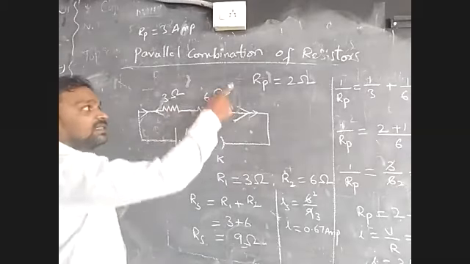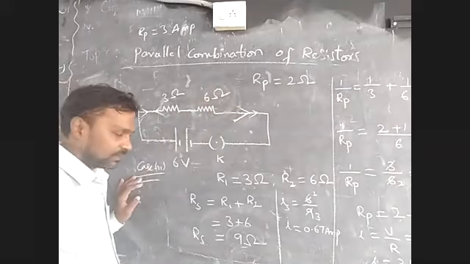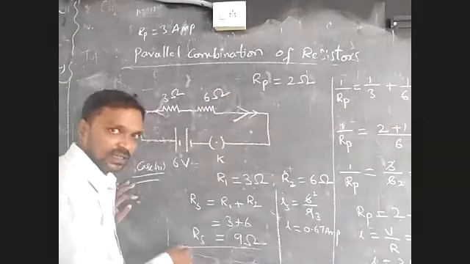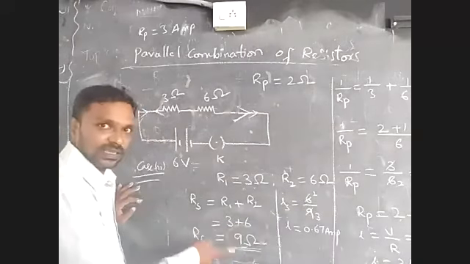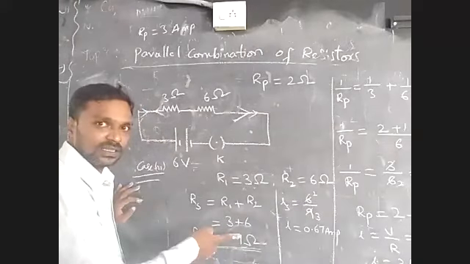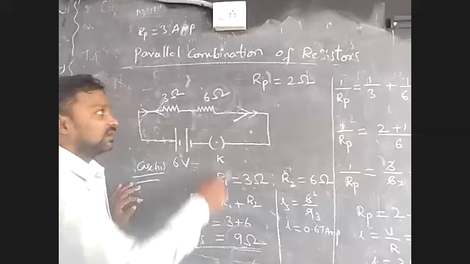Again I repeat, the resultant or equivalent resistance in the series combination of resistors is always greater than the value of the greatest resistor in the series combination.